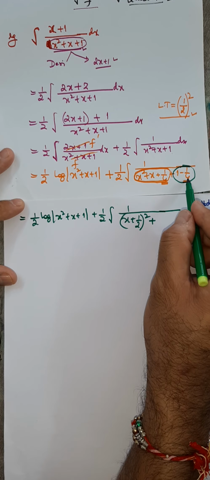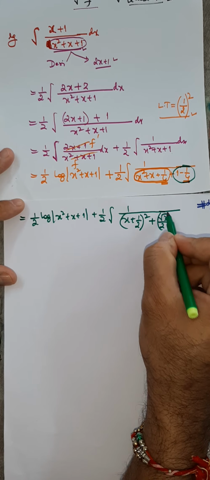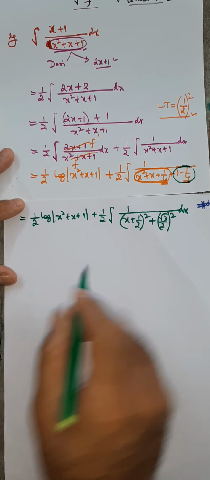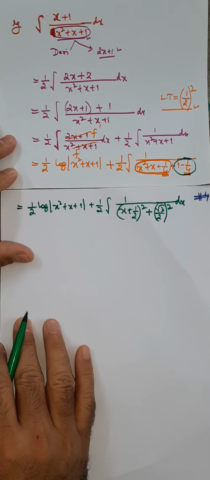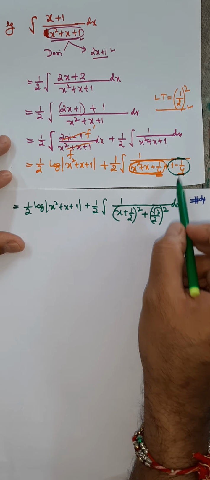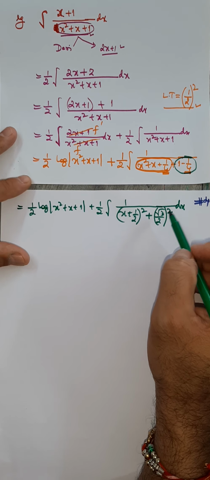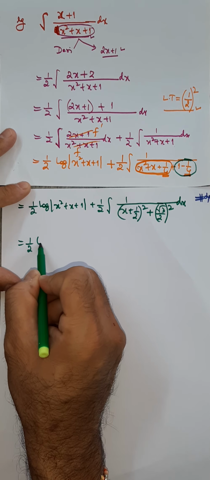What is this? 3 by 4, that you can write as root 3 by 2 whole square. This is nothing but 4 minus 1, 3 by 4, that is root 3 by 2. So here 1 upon 2, this one as it is.